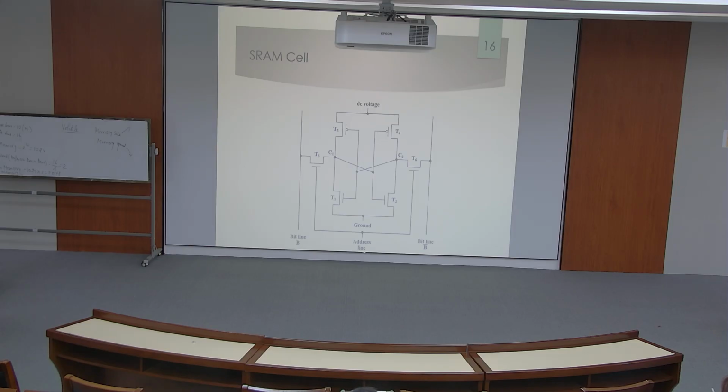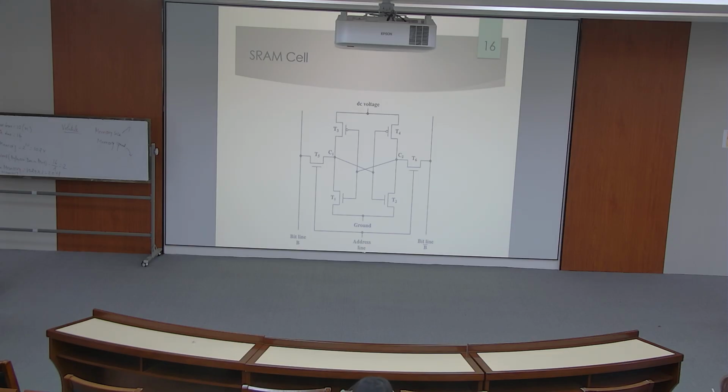These are MOSFETs forming what we call cross-coupled inverters. T1 and T3 are the left inverter, and T2 and T4 are the right inverter.